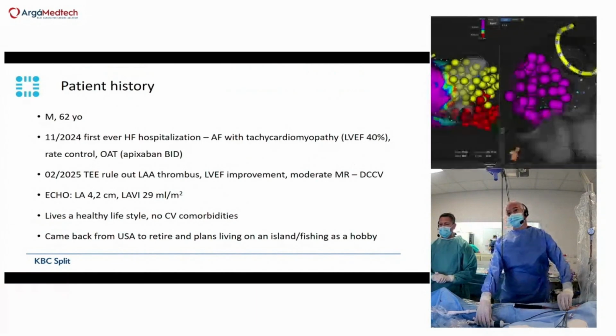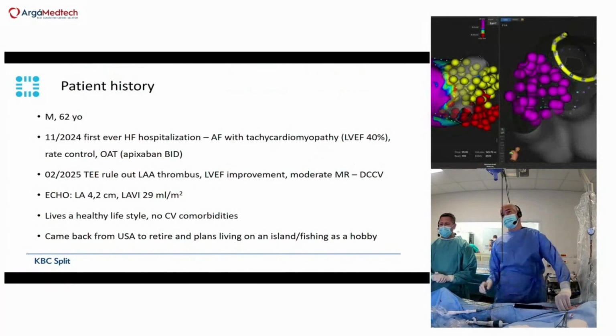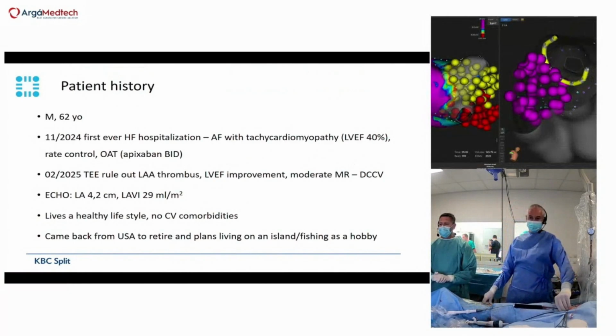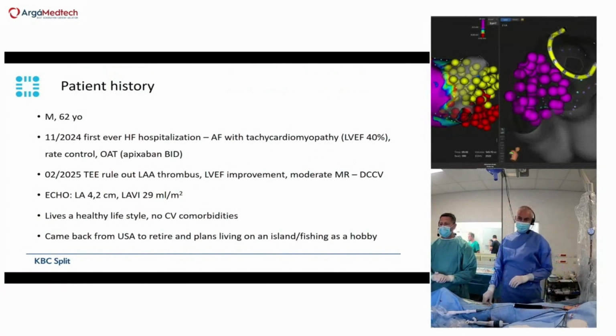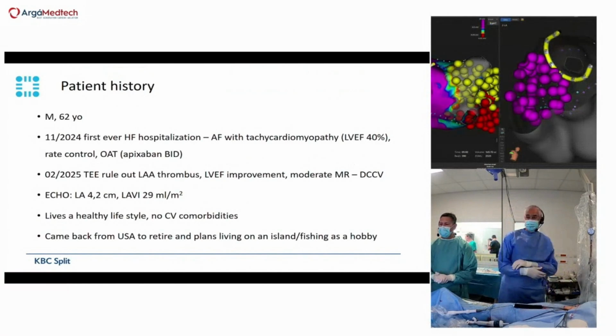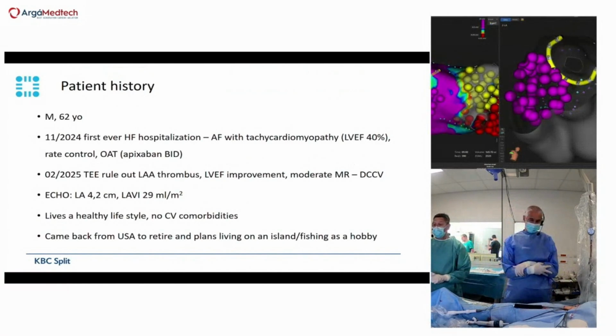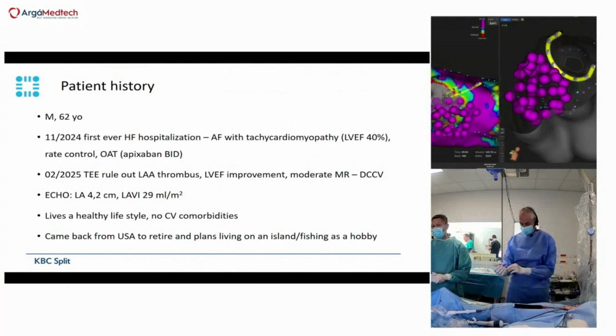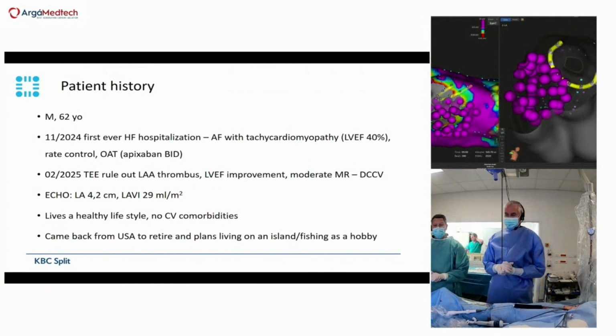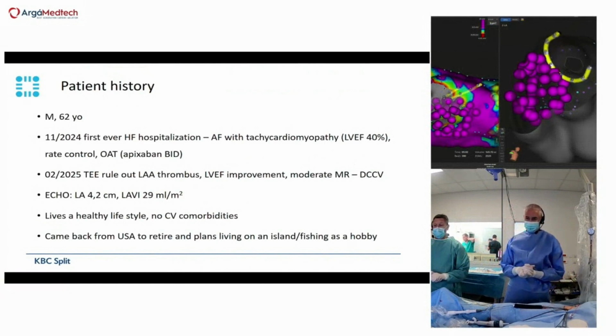In February this year, we did the transesophageal echo, ruled out left atrial thrombus, and the cardioversion was performed. After that, there was improvement of left ventricular ejection fraction, and the patient was clinically better with some moderate mitral regurgitation, so definitely proving tachycardiomyopathy. His echo parameters: slightly enlarged left atrium, 4.2 centimeters, SLAVI 29, and otherwise no other comorbidities, healthy lifestyle.